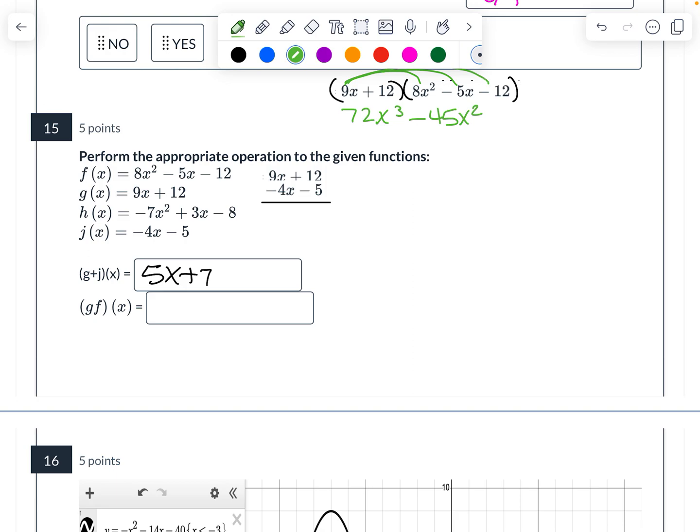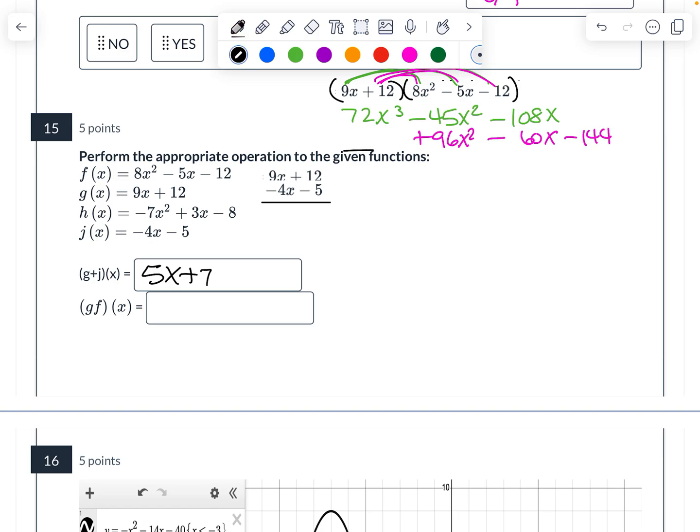And 9x times negative 12, which I think is negative 108x. Then I'm going to take 12 times 8, and that's going to be 96x to the power of 2, and 12 times negative 5 is negative 60x, and 12 times negative 12 is negative 144.